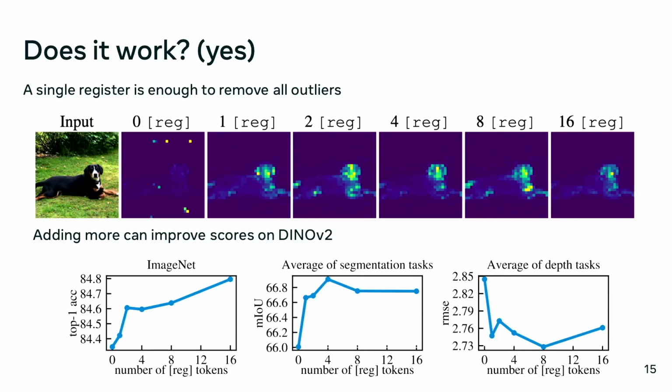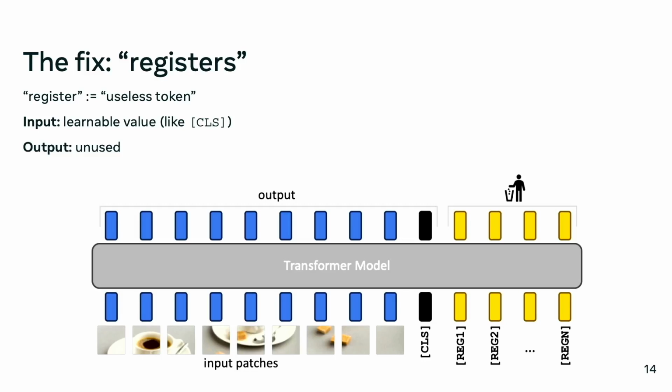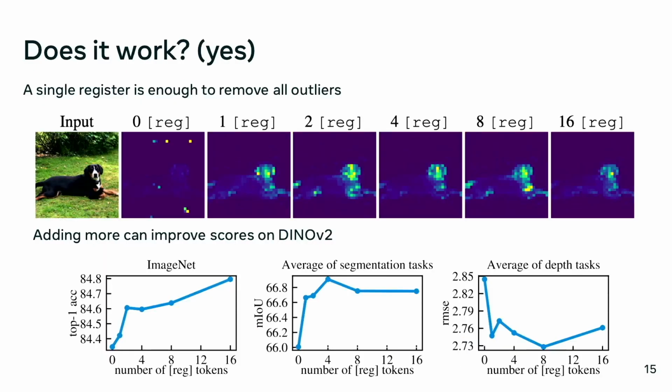In a sense, it's not that surprising to me because before that, it had to learn to do this weird behavior in the patch tokens. But the patch tokens already had some information, so it had to learn to write it. It's really not incentivized. But here, those tokens I added are really clean slates. They have no specific value at the beginning. It's just learnable tokens. And so when you add them, you get clean attention maps.